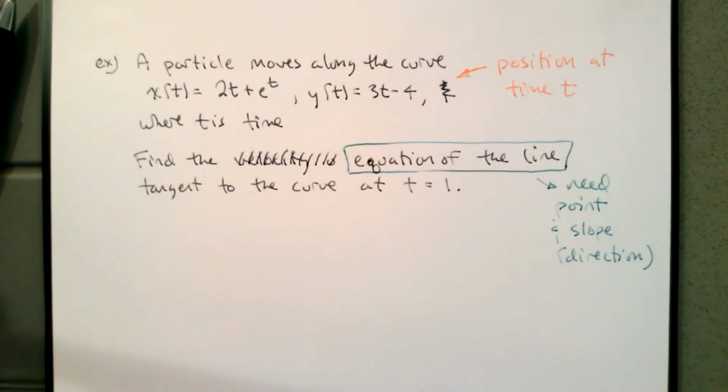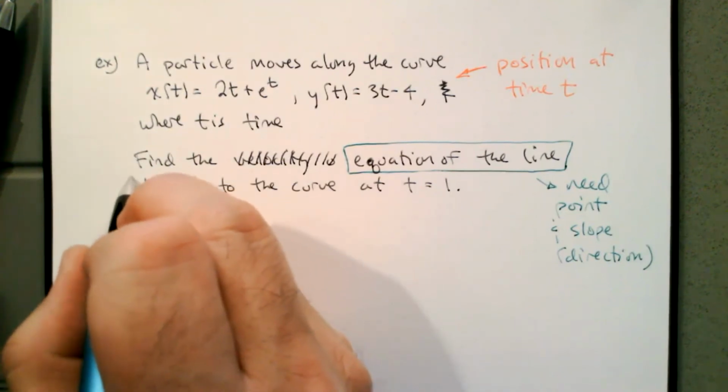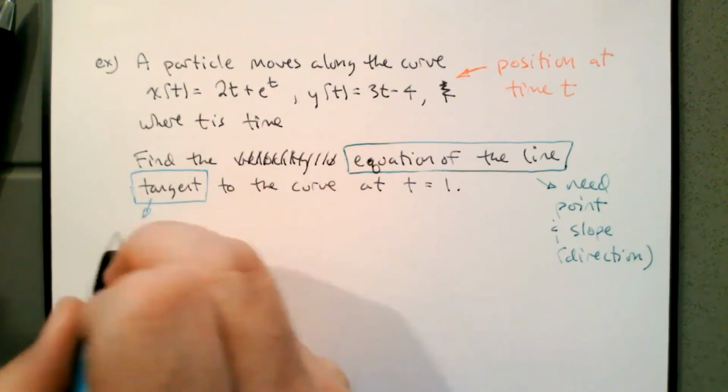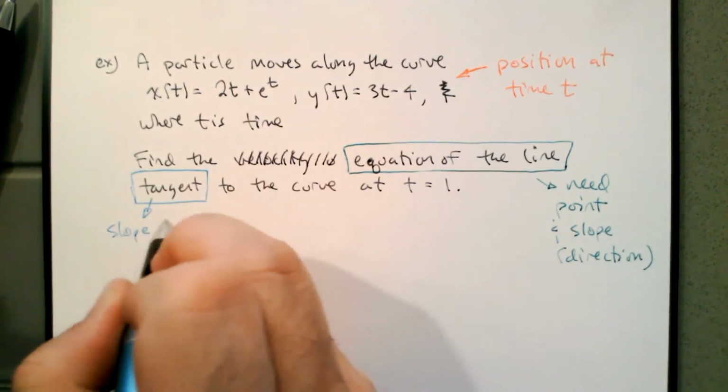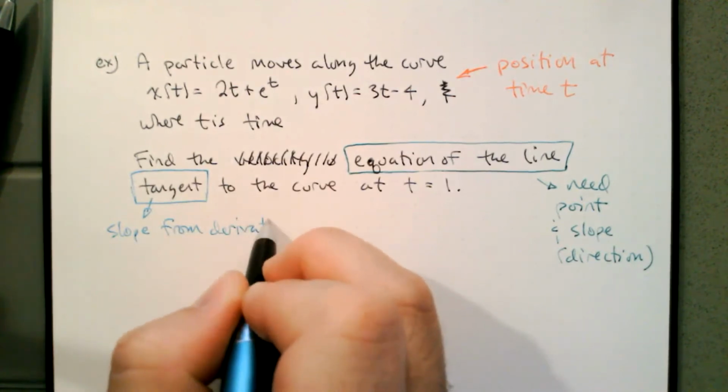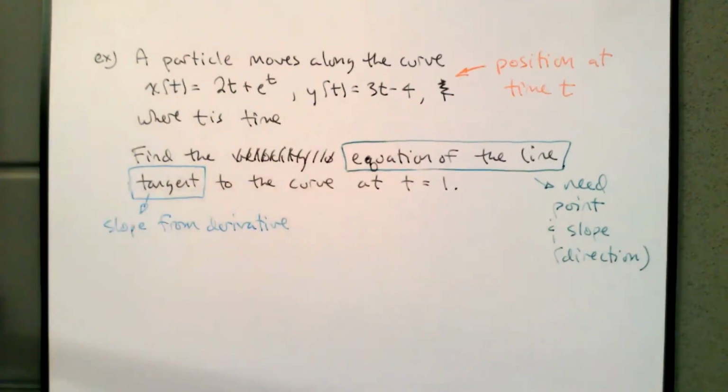Since we're looking for a tangent line, we're going to get our slope from a derivative. So let's first get a point.